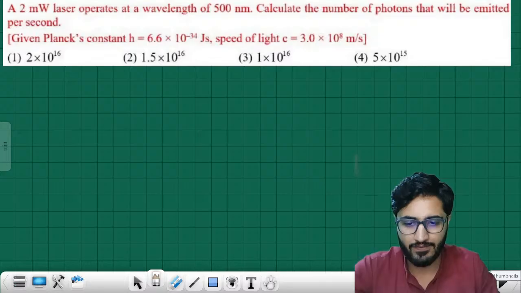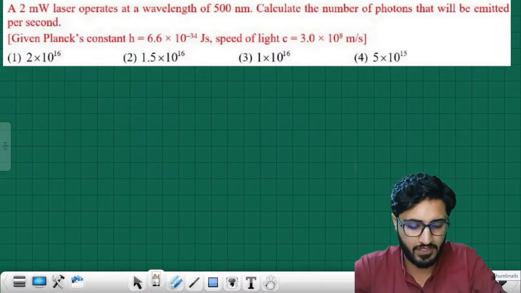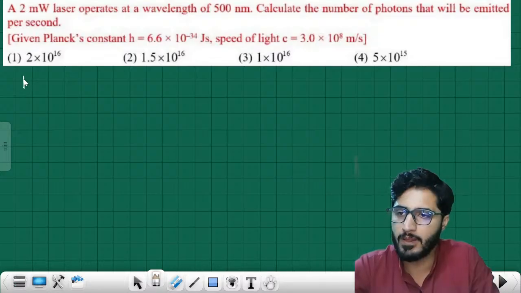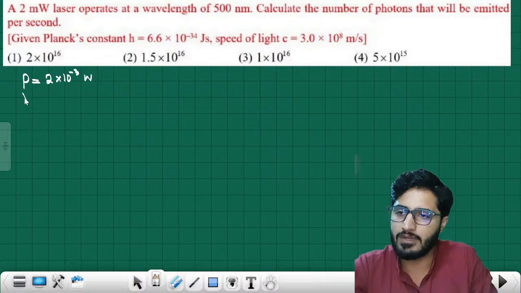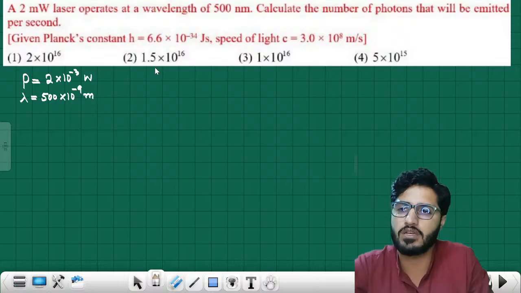So if you notice from this figure, what is given to us? Power is given to us and it is 2 milli. Milli means 10 to the power minus 3 watt. Wavelength means lambda, and lambda is given to us and it is equal to 500 nano. Nano means 10 to the power minus 9 meter. And we have to calculate small n.